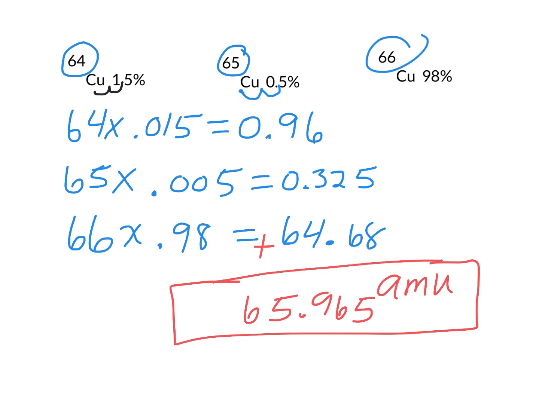Now your percents, for it to be a true sample, should always add up to 100. Okay, so 98 plus 0.5 plus 1.5 does equal 100, yes. To be a true sample, because you're going to have a 100% sample, right? That's your whole sample. All right, very good.